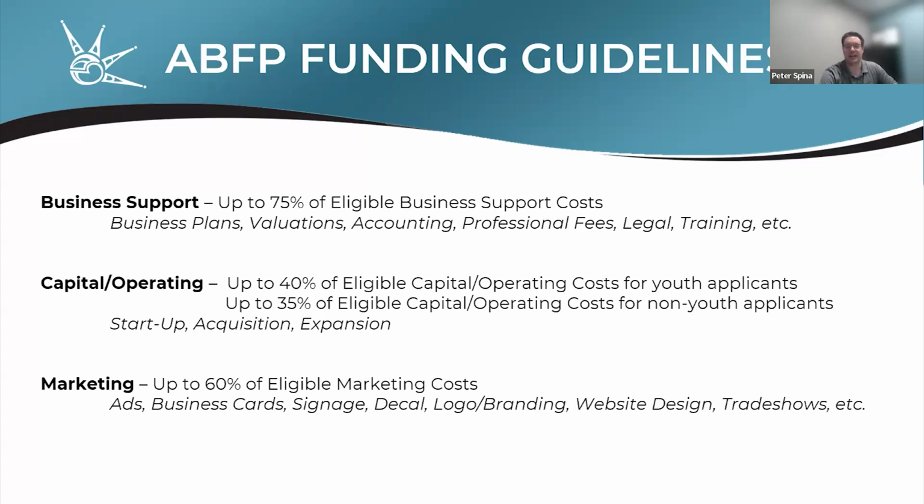If you are looking at getting bookkeeping training because you want to learn how to do the books yourself, or if maybe you're speaking with an architect because you need some sort of drawings done up, these would be things that are covered under business support. And with that, up to 75% of those costs are eligible under ABFP.